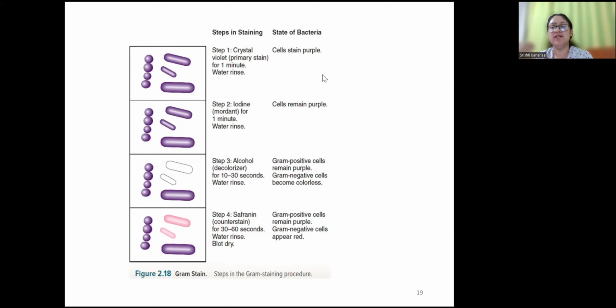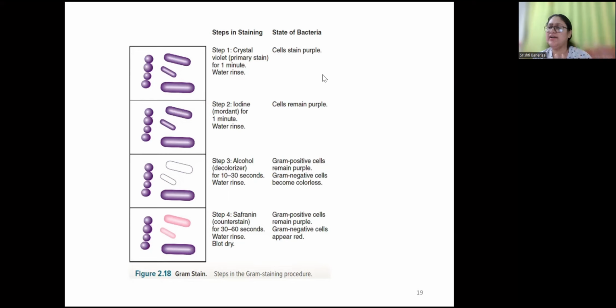But in the case of gram negative, the peptidoglycan layer itself is very thin. So the color went in and it easily came out after using the decolorizing agent, so it decolorized the entire cells. Now we put one more stain on it, which is known as the counterstain. We counter the first color with the second one, which is safranin, and it gives a pinkish color.